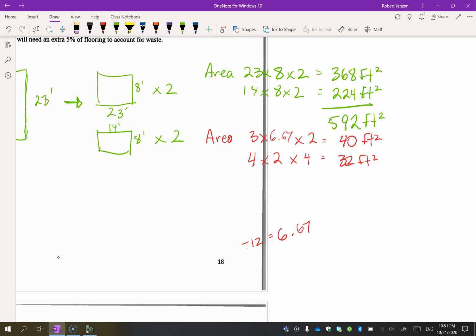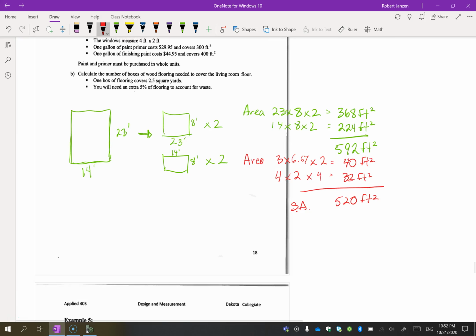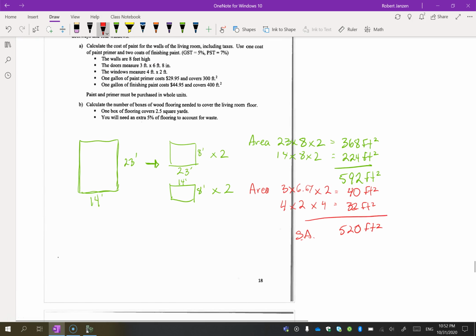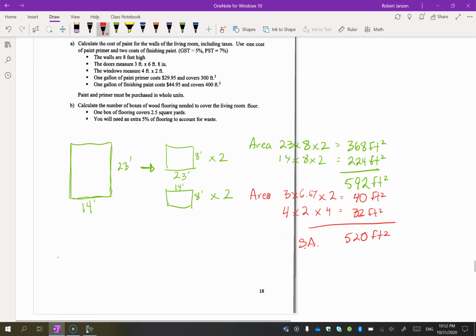So we're going to subtract that from 592. So subtract 72. So this is 520 feet squared. This is the surface area of the room. Okay. Now what are we supposed to do with it? We're supposed to paint it.